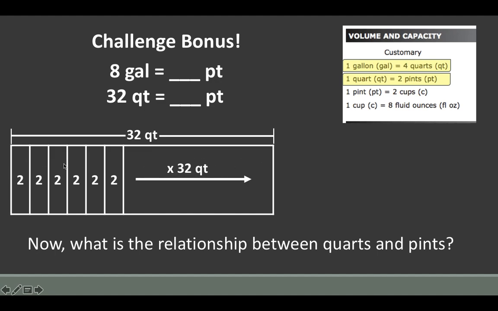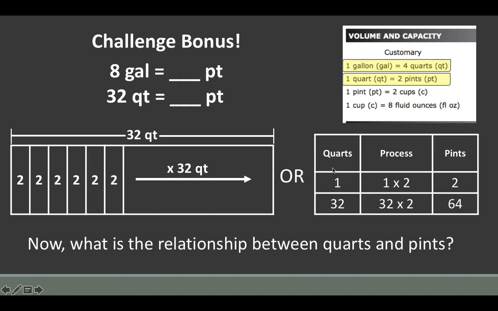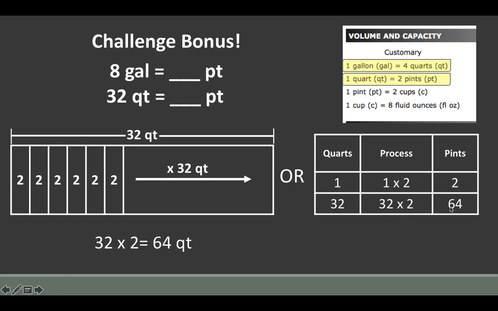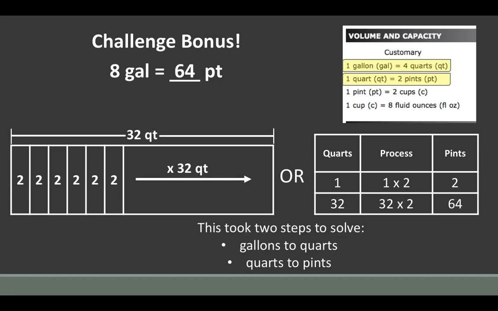And each quart is 2 pints. Or 1 quart, process is multiplying it by 2 equals 2 pints. So therefore, 32 times 2 equals 64. Therefore, this took 2 steps to solve. We had to convert gallons to quarts and then quarts to pints.